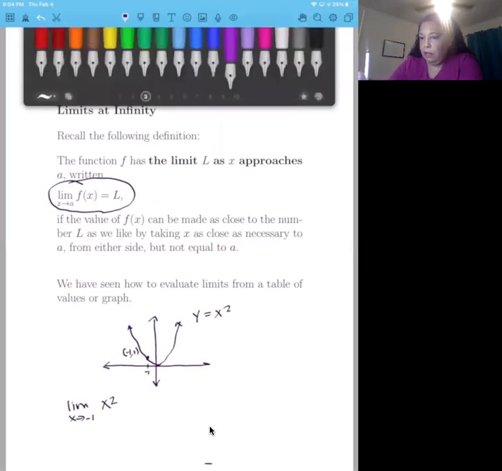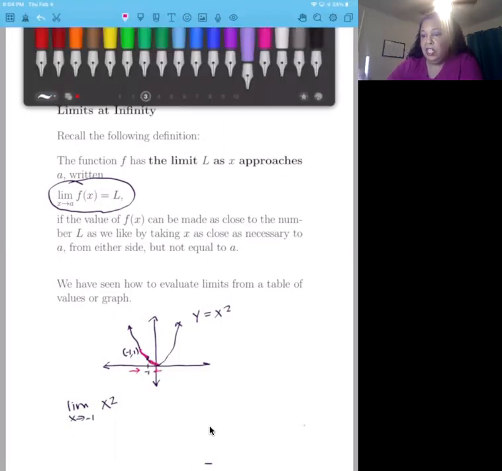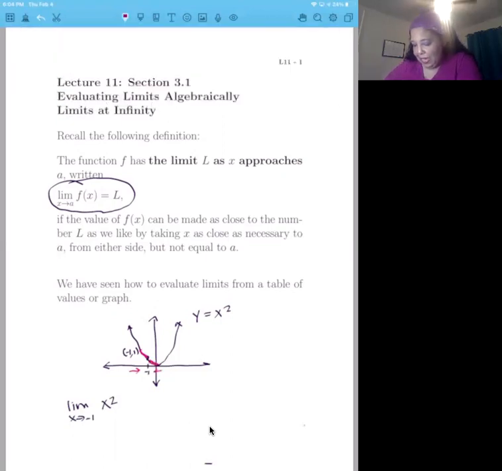If I'm going to -1 from the left, that's here. The y value is getting closer and closer to 1. If I'm going to the right, the y value is also getting closer and closer to 1. So we say the limit as x goes to -1 of x squared equals 1.